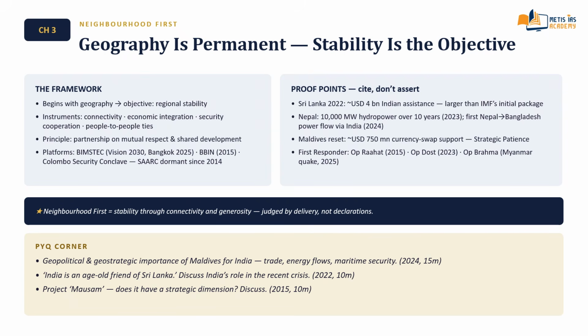The answer is neither. India follows the principle of strategic autonomy. Strategic autonomy means India retains the freedom to take independent foreign policy decisions based on its own national interest without becoming dependent on any particular military alliance or geopolitical bloc. This is one of the defining features of India's foreign policy.